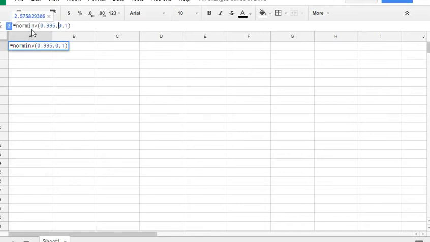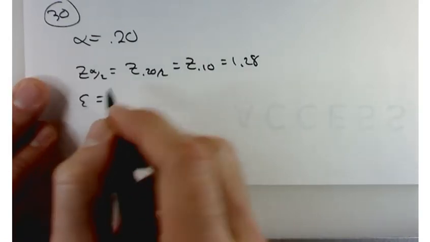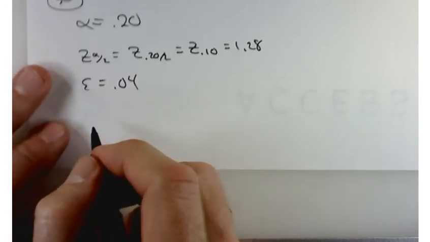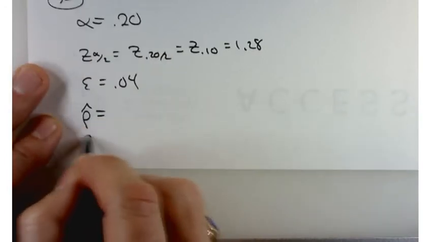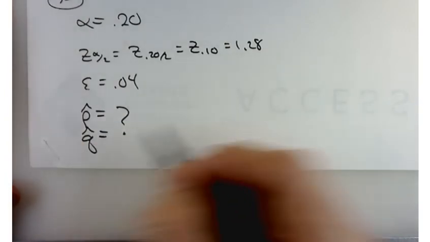If I want z sub 0.10, that's 10% of the area in the right tail or 90% of the area in the left tail. So about 1.28. And that's the value you should get from your z distribution if you look it up that way. E was given to us as 0.04, but we don't know p hat or q hat. So instead of p hat times q hat, I'll use 0.25.